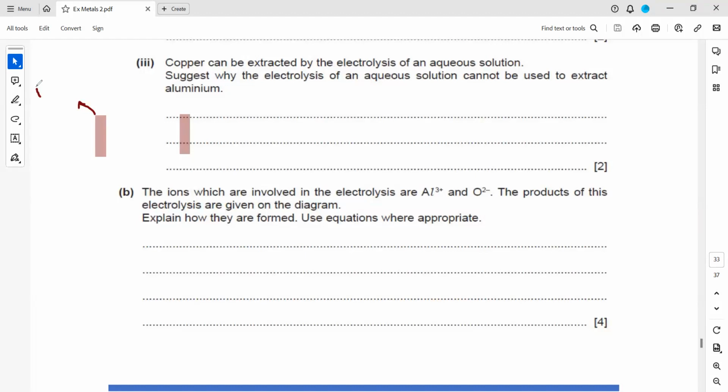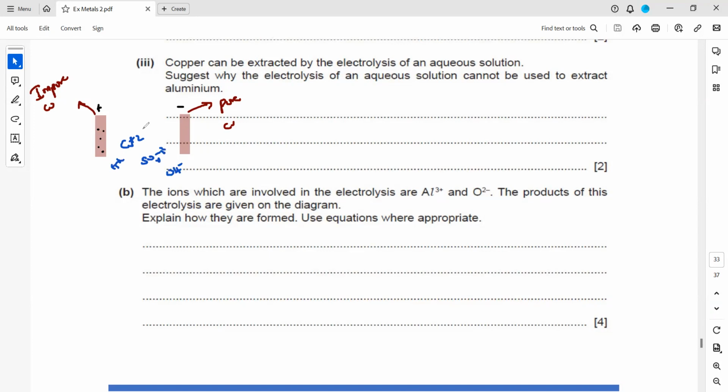One is made of impure copper. Another one is made of pure copper. One is connected to the positive terminal, another one to the negative. The dots represent the presence of impurity, and we have aqueous copper salt. So there's a copper ion, a sulfate ion, a hydrogen ion and a hydroxide ion.